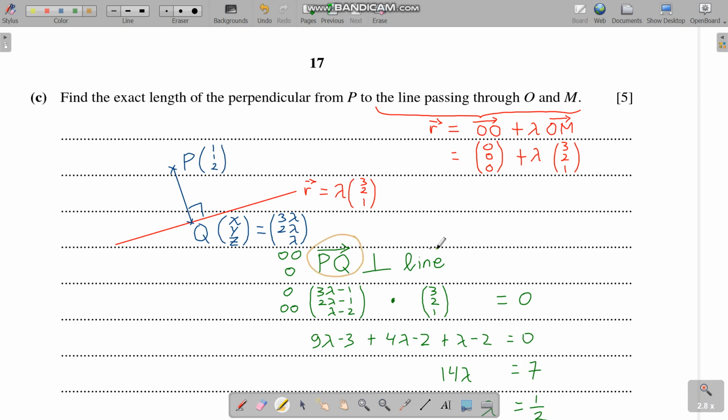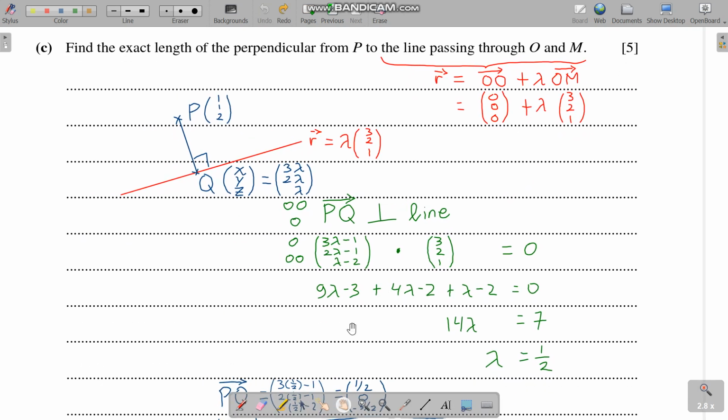The vector PQ is perpendicular to the line, therefore the vector PQ dot the line direction is 0. So we use this vector for the line direction, not this vector, because this is a point on the line and this is the line direction.